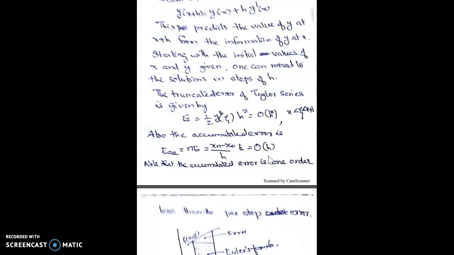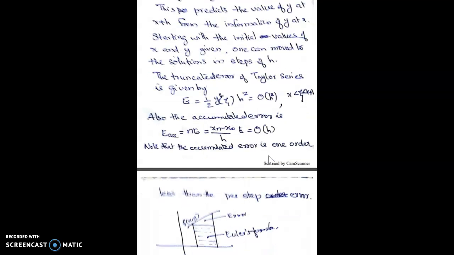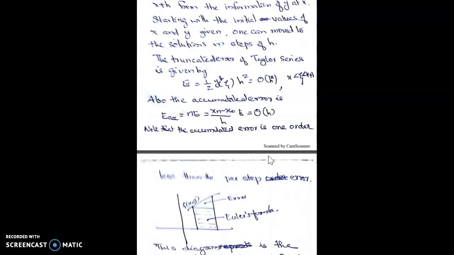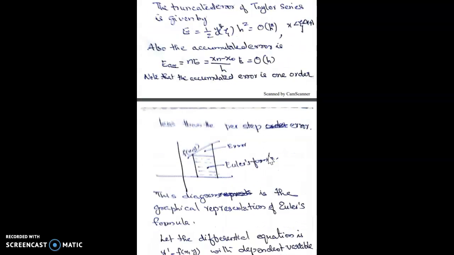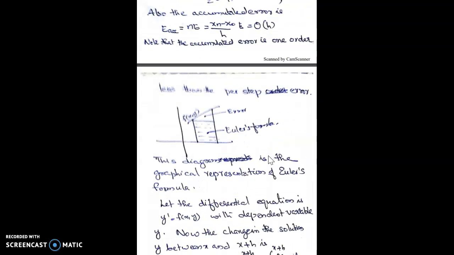Note that the accumulated error is one order less than the error per step. The connection between Euler's formula, the actual value and the error is given in this diagram.